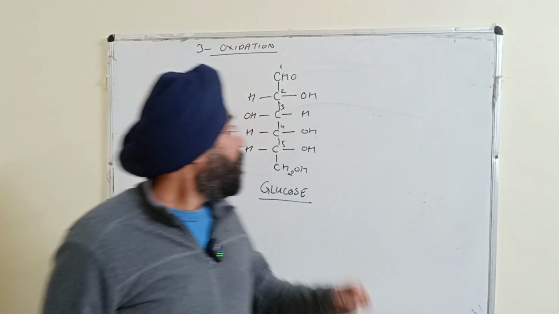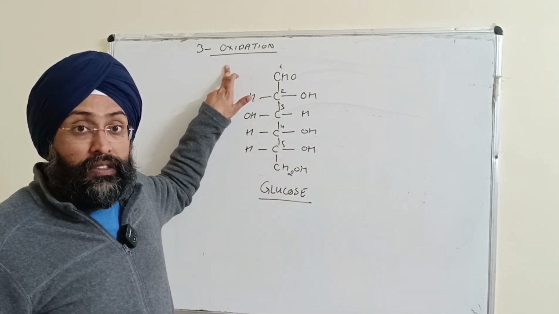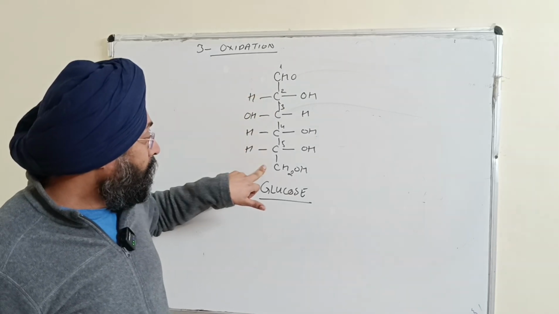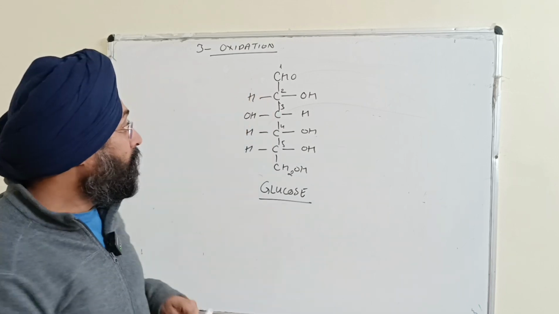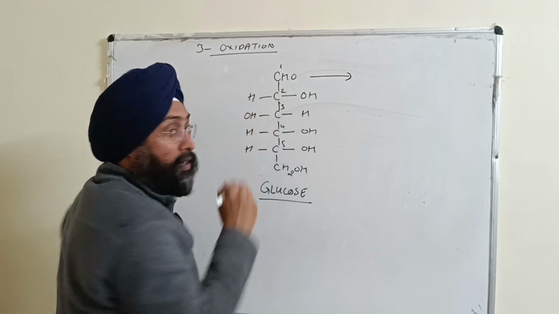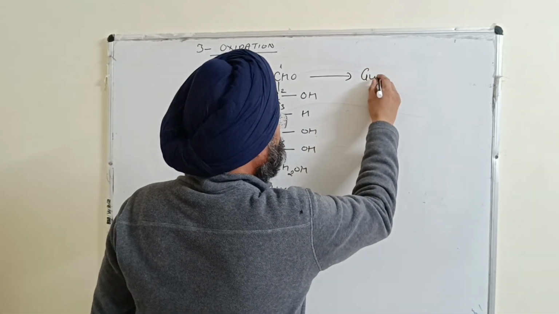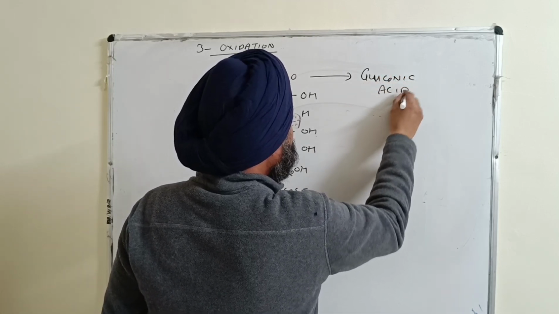Now I will start with oxidation reactions, right? Depending on the oxidizing agent used, whether the first carbon is oxidized or the terminal alcohol group is oxidized, the reaction products are different, right? For example, when the first group, that is the aldehyde, is oxidized, we will get our gluconic acid, right?